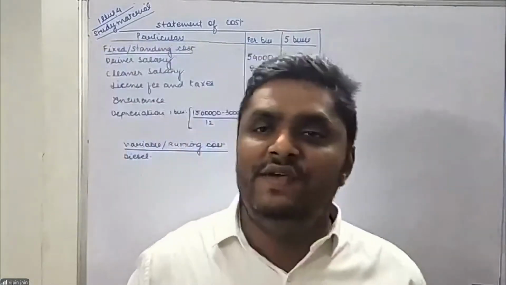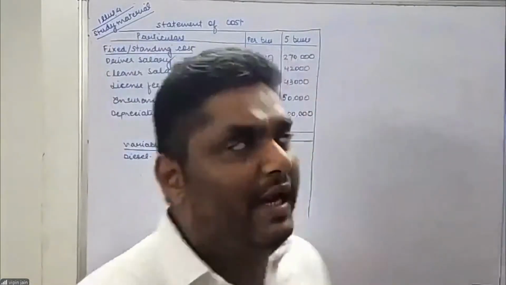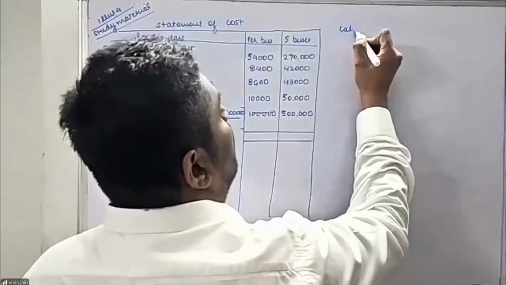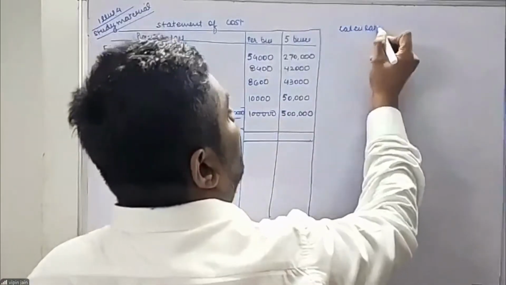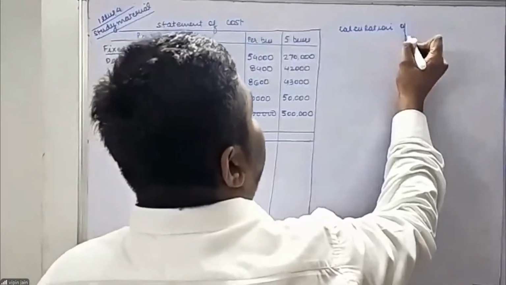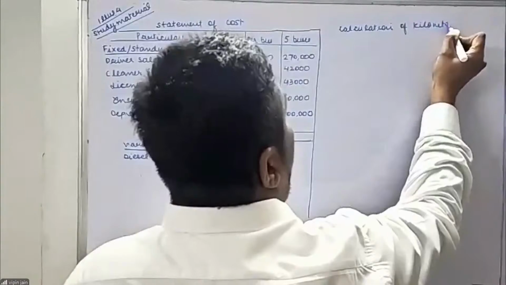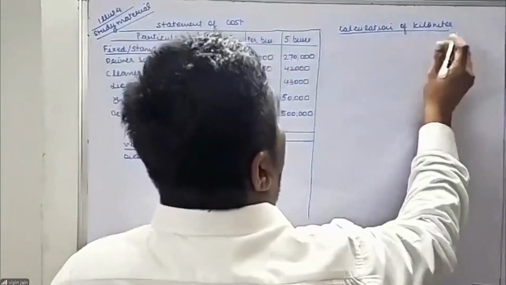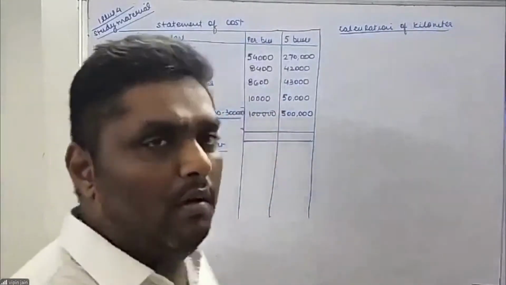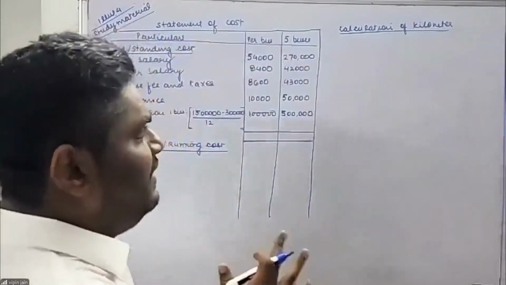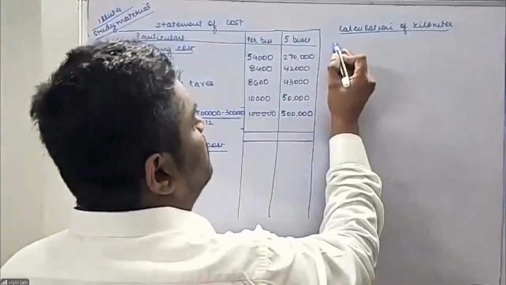So now for this, we have to first calculate the distance traveled per bus, and for 5 buses. Calculation of kilometers. Very simple guys, just again follow the very basic approach.